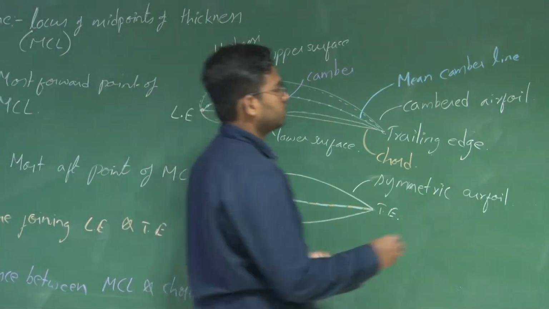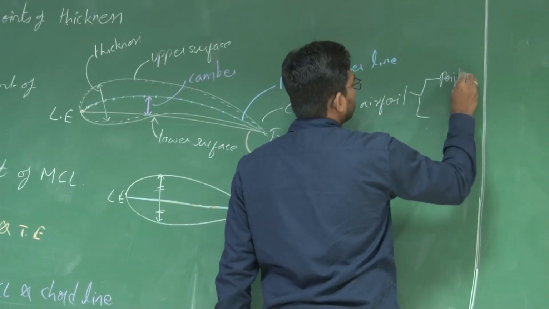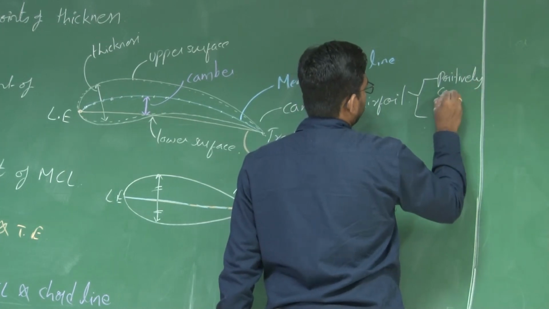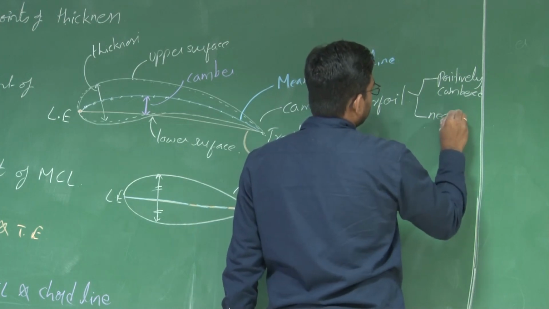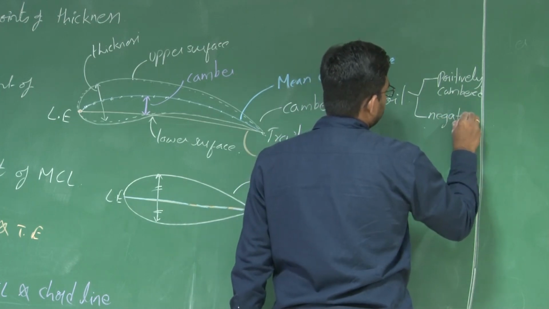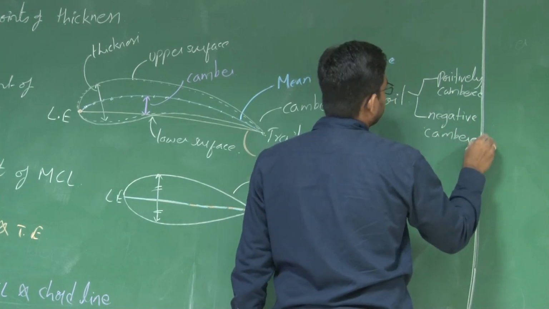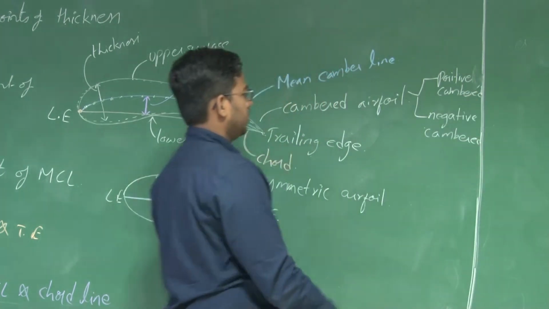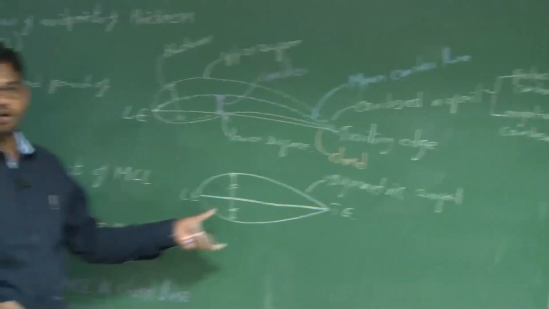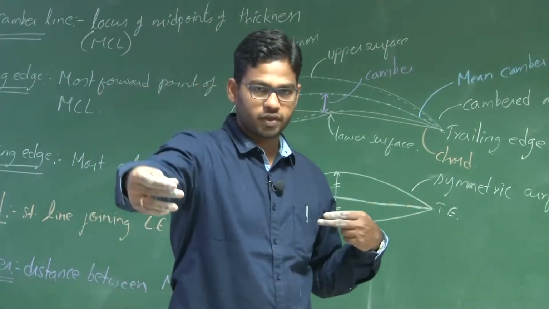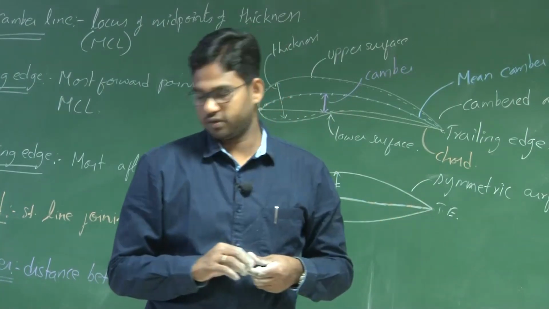So you have two such aerofoils, positive camber and negative camber, right? If I make a wing out of this symmetric aerofoil, I have a symmetric wing, and if I make a wing out of this cambered aerofoil, I'll have a cambered wing, right?